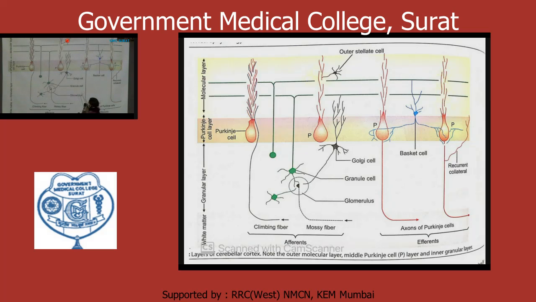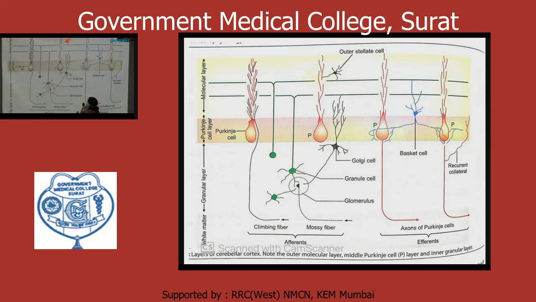Once the granule cells receive the impulse via mossy fibers, the parallel fibers excite the three inhibitory interneurons, that is the stellate cell, basket cell, and the Golgi cell, and also the Purkinje cells.